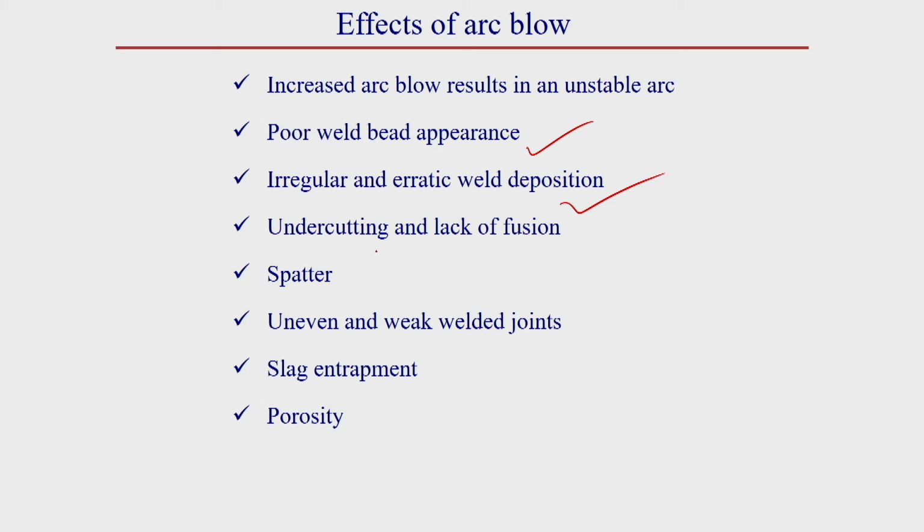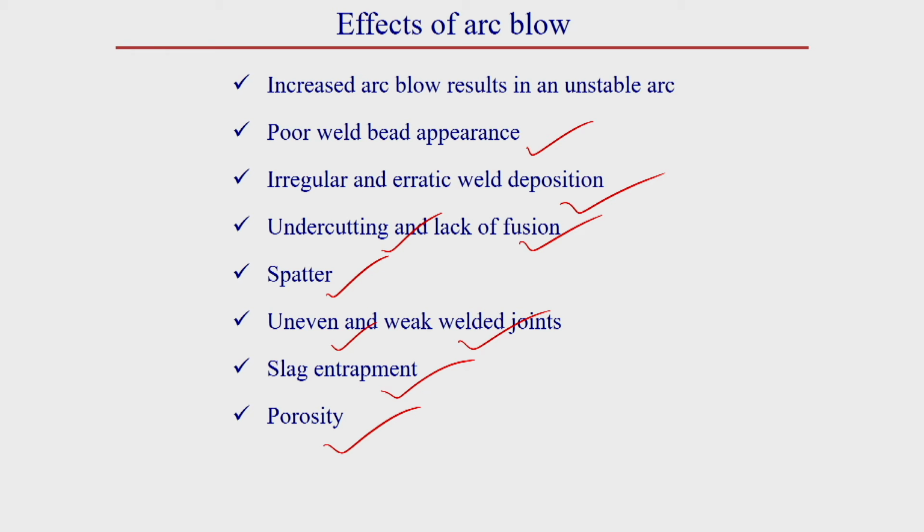Then there can be undercut, lack of fusion due to this arc blow, because the welding arc is unstable in nature. There can be spatter, there can be an uneven and weak welded joint, there can be slag entrapment, and there can be porosity. So these are all defects which can arise if there is arc blow.